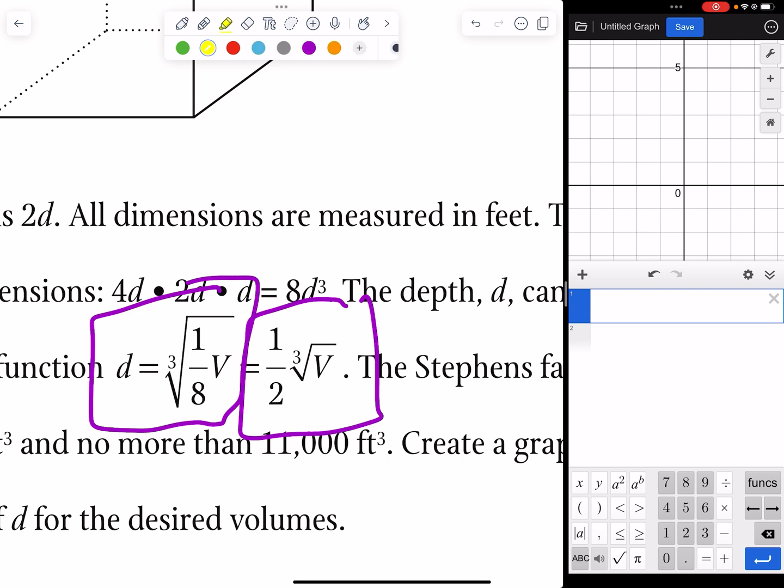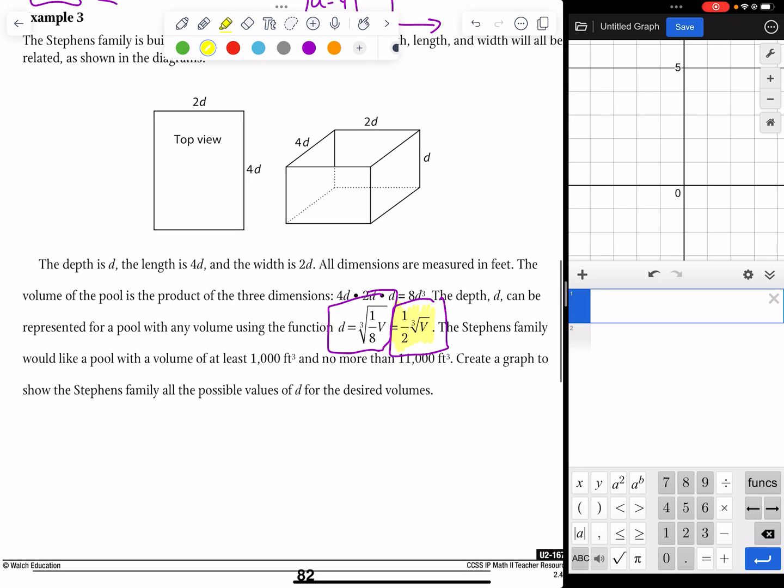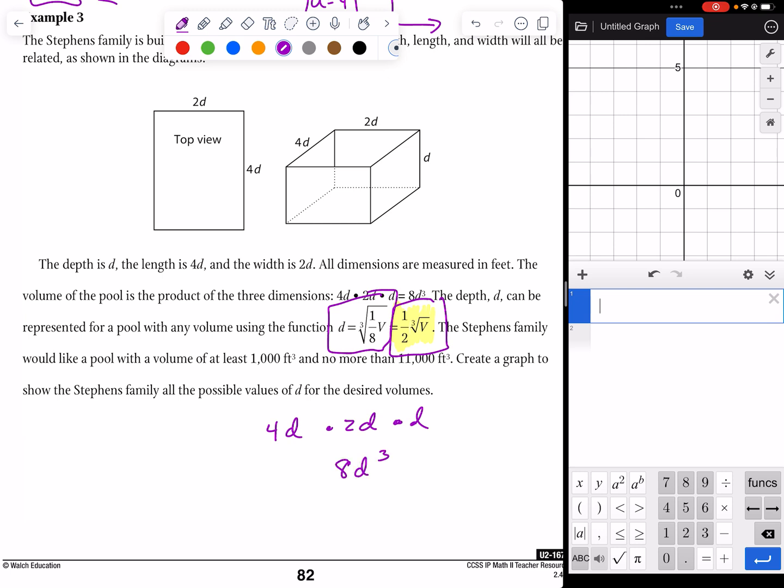So I'm going to type in this guy. Don't worry about that 1/8. The dimensions of the pool: 4D times 2D times 1D, so when you multiply all of those together, you get 8D to the third.